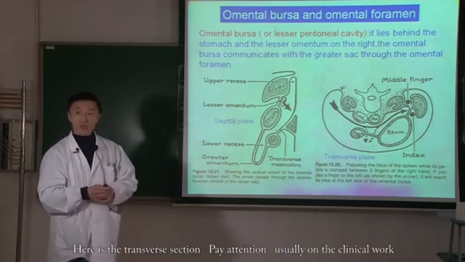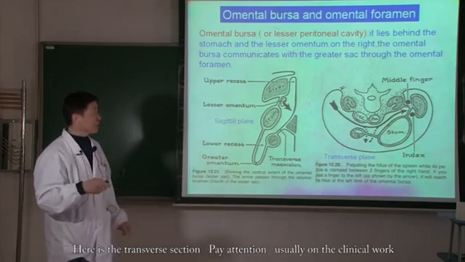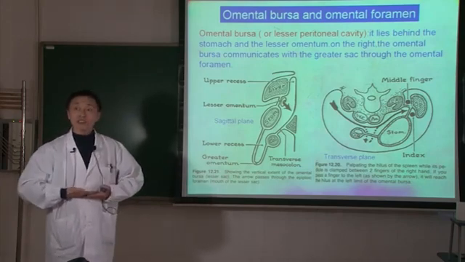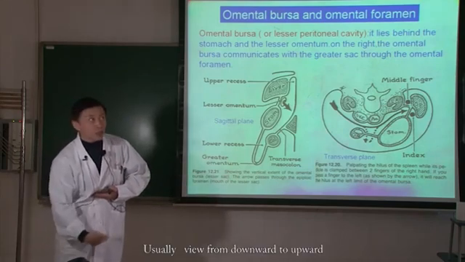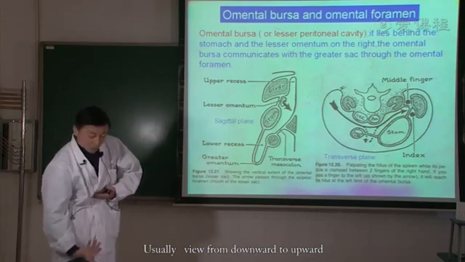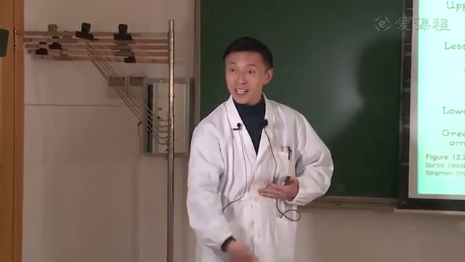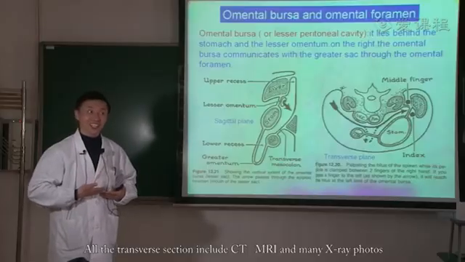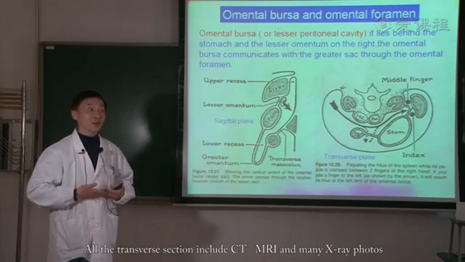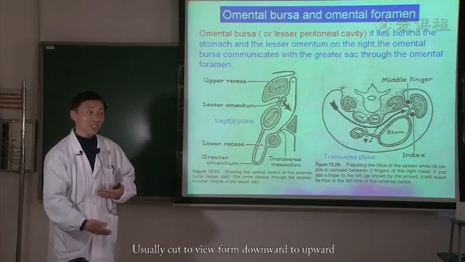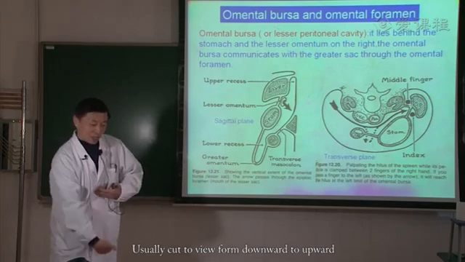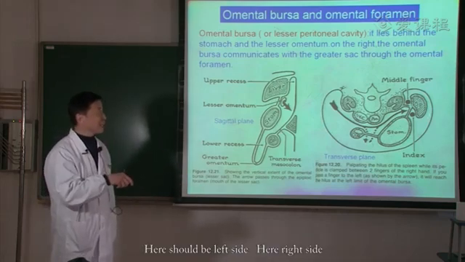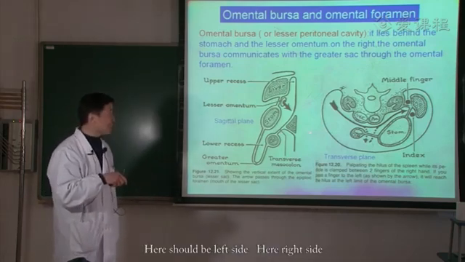Here is a transverse section. Pay attention: in clinical work, all transverse sections, including CT, MRI, and many X-ray photos, are usually viewed from downward to upward, 从下向上看. Here should be the left side, here the right side.